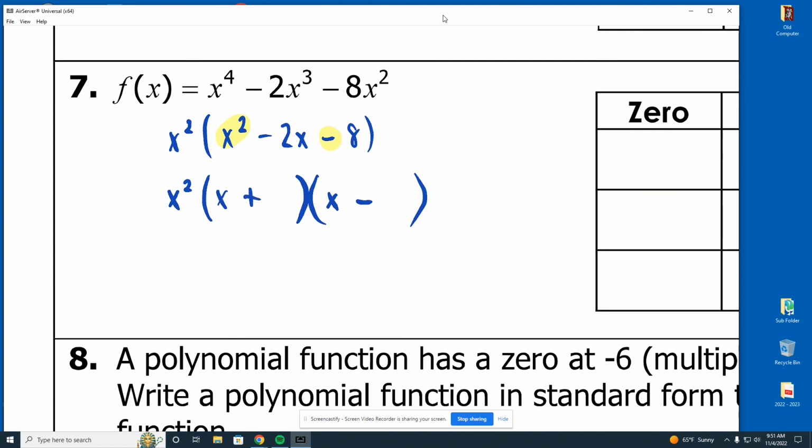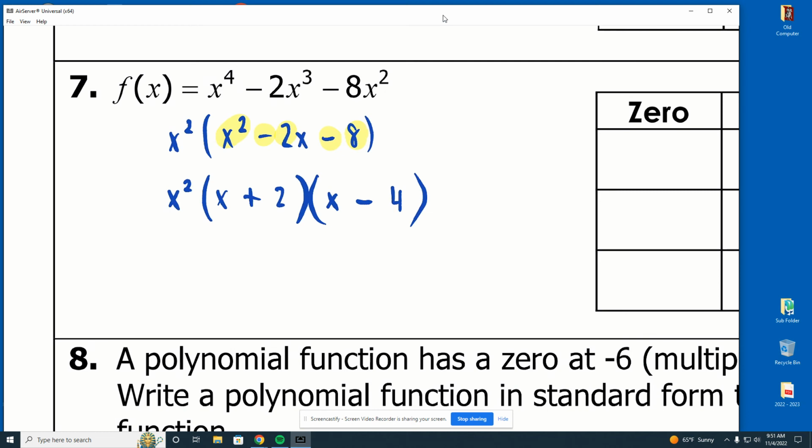And then, of course, we're looking then for the 2 numbers that multiply to get 8. But because those signs are different, it has a difference of 2. It's got to be 4 and 2, right? So my last thing is this. If negative is the sign in the middle, it has to go with my bigger factor, which is which one? So it's x minus 4, it's x plus 2.